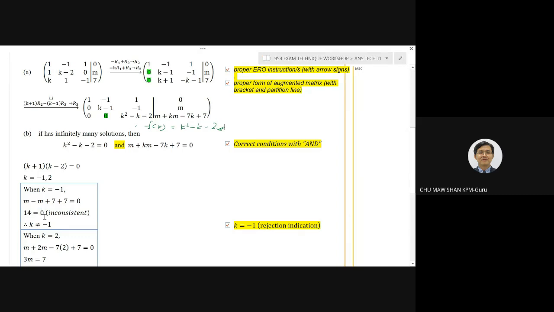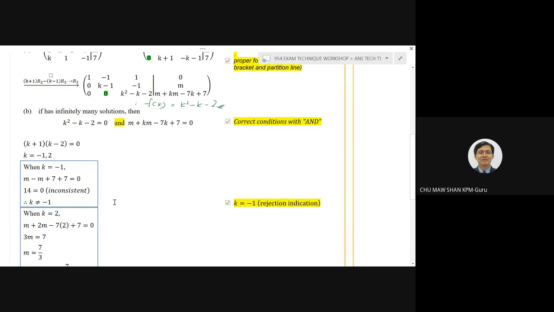Left hand side ialah kosong kan? Bila keadaan ini berlaku, you tulis bracket inconsistent. So you can reject the K equal to -1. Faham? That is the justification we should make. Put the bracket for this inconsistent situation, then you reject this K.